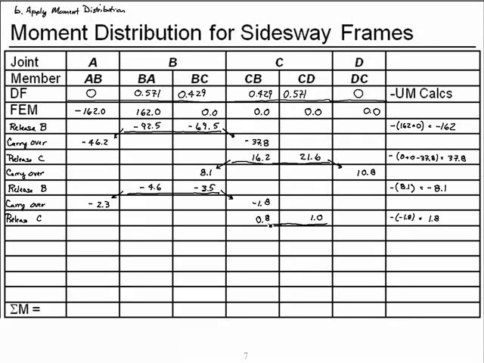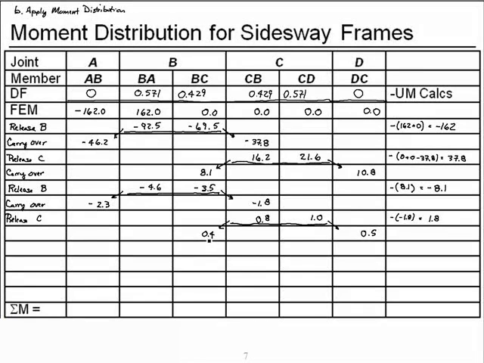Node C is now in equilibrium, and so we clamp it back down. I'll carry over. We have half a foot kip goes to node D, and 0.4 foot kips comes to node B in member BC.